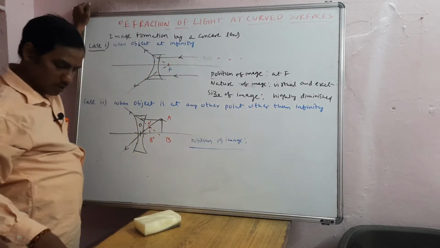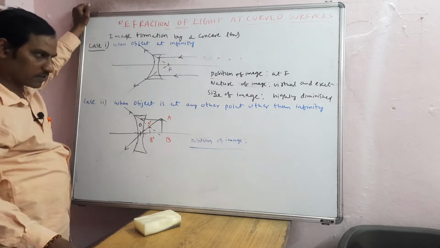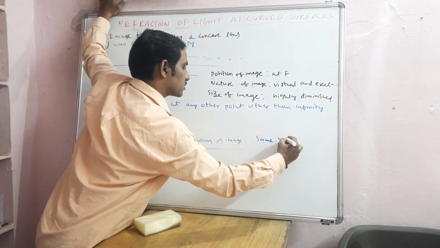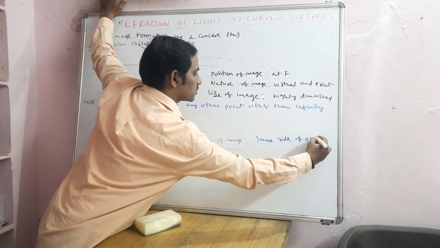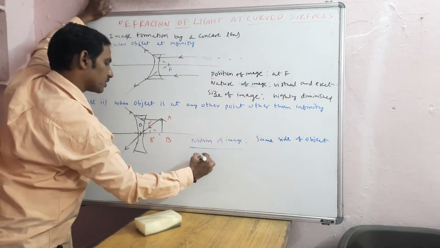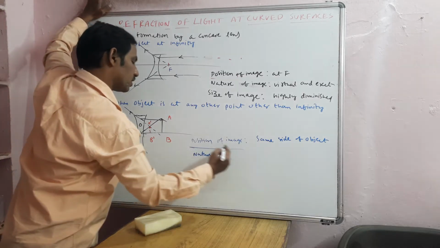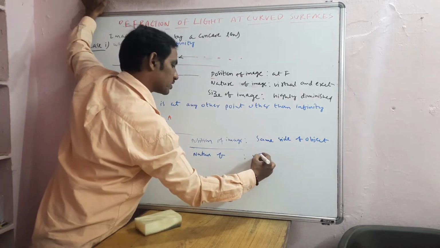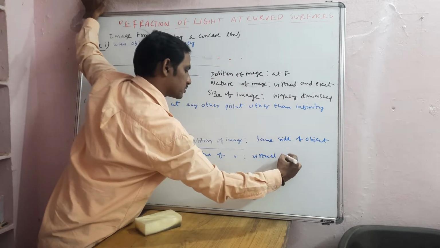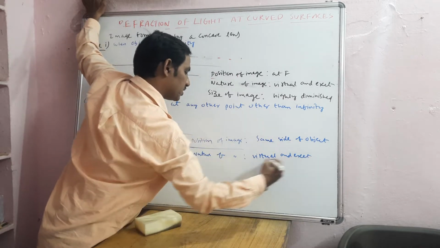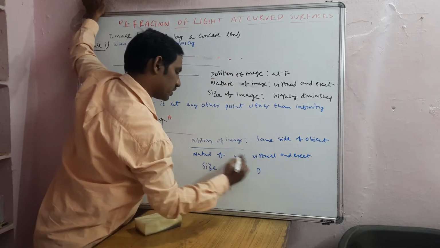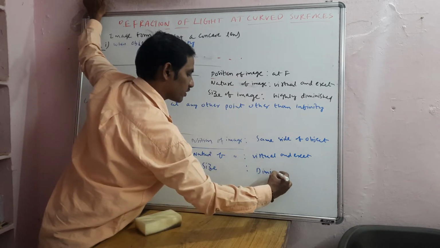Nature of image will be virtual and erect. And the image will be diminished, meaning the size of the image will be diminished. So if you write this, it is enough.